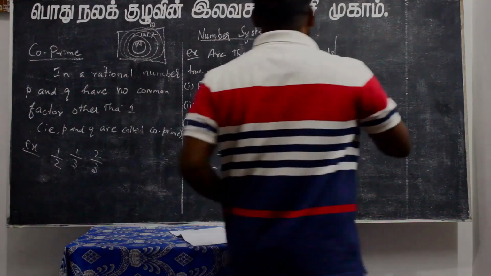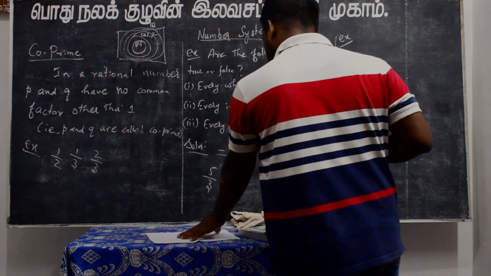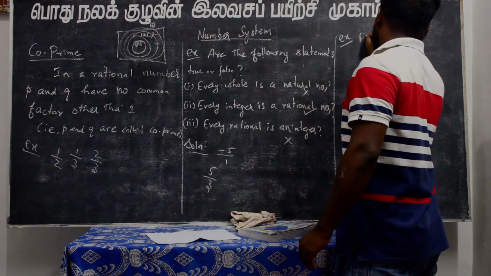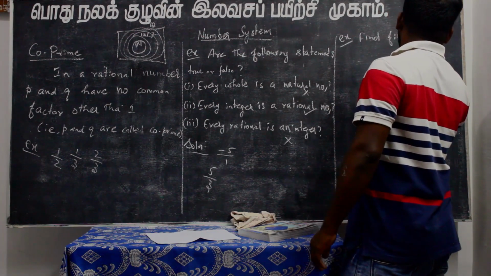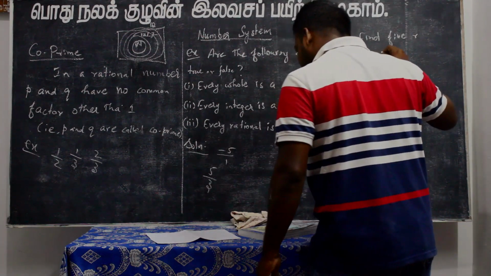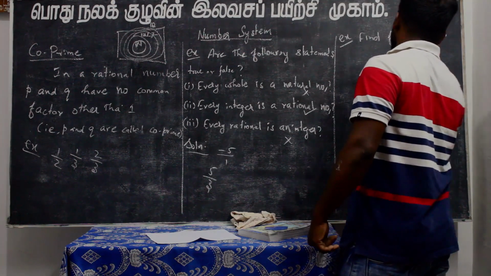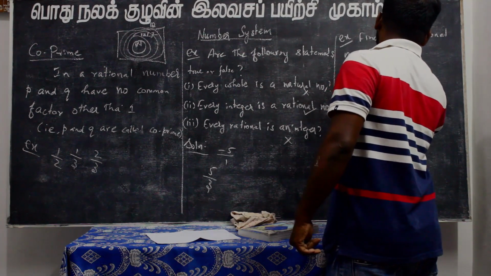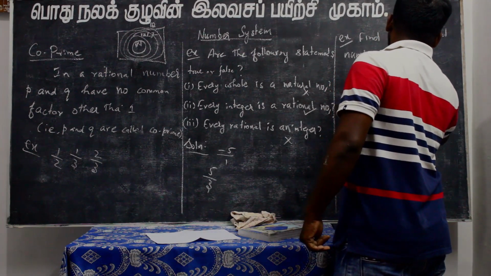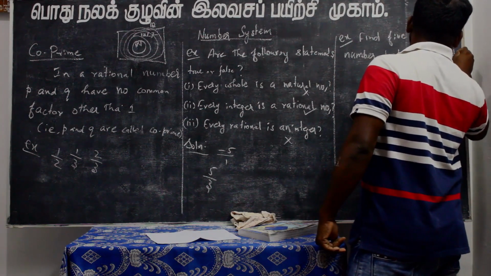Now, the next example. Find rational numbers between 2 and 3.